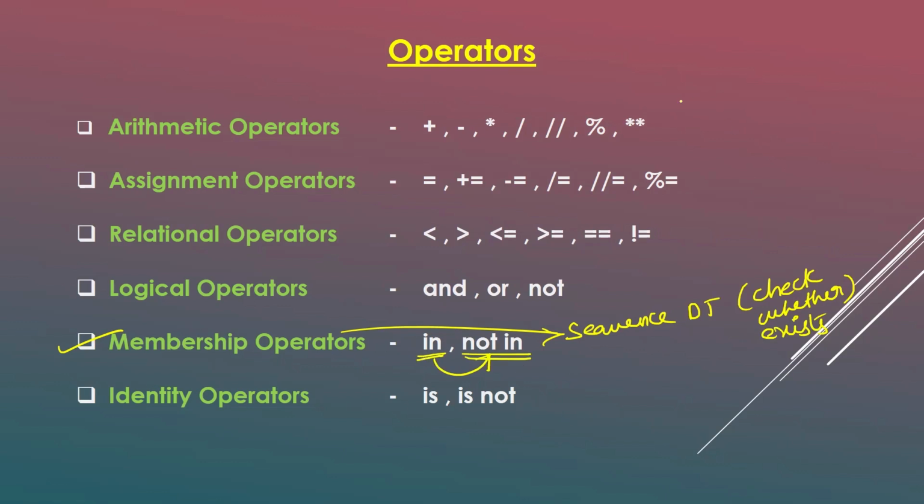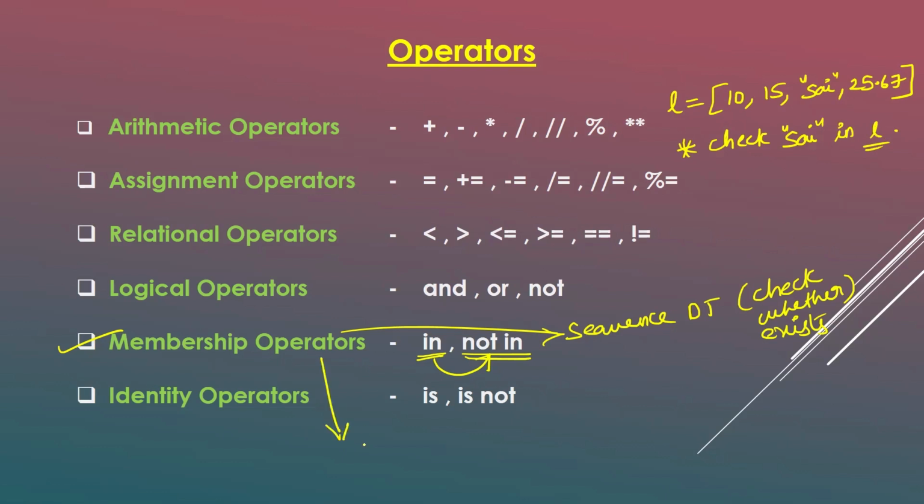Let us take an example. L is equal to, I have some values like 10, 15, Sai, and 25.67. These are my list values. My question here is, check whether Sai exists in the L variable or not. For that, we make use of a membership operator.